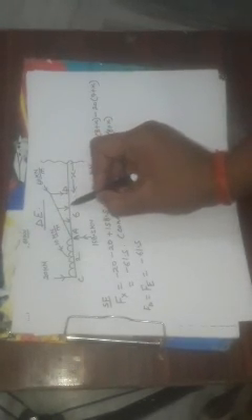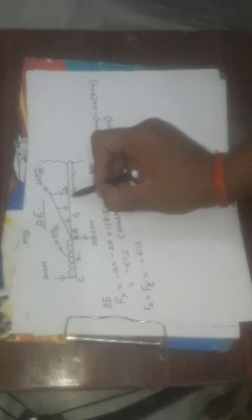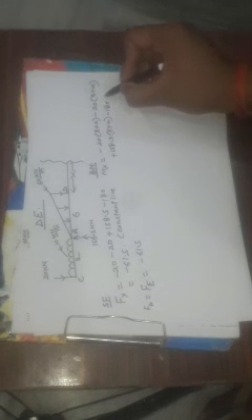And now the total weight of the UDL is 180 and it is at a distance of 2 meter from D, and from the section it will be 2 plus x. Then the equation can be written as minus 180 into 2 plus x.